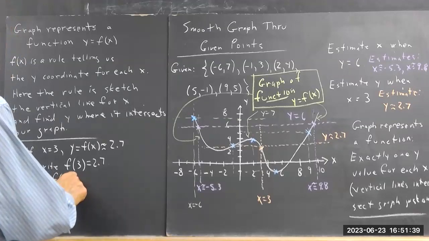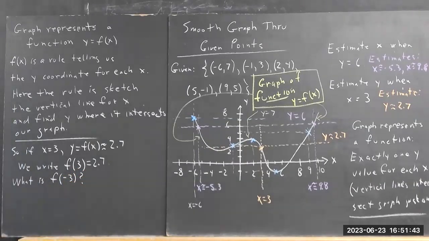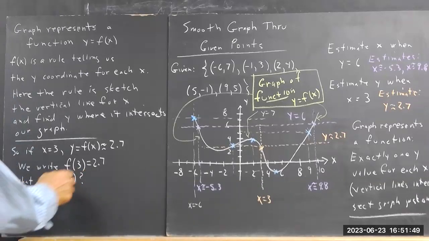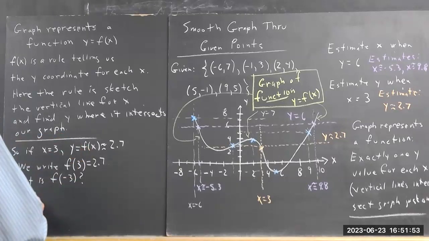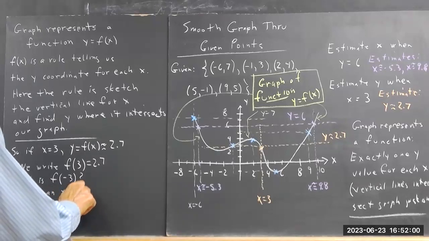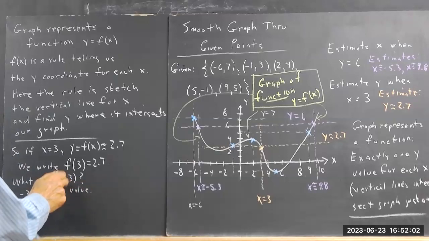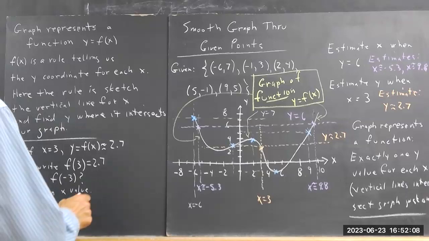Okay. Now, what are we going to do? Well, ask ourselves, -3 is here in the place of x. It's an x value because only x values go in the parentheses. Here it is, f of x. That's our function. -3 is an x value.